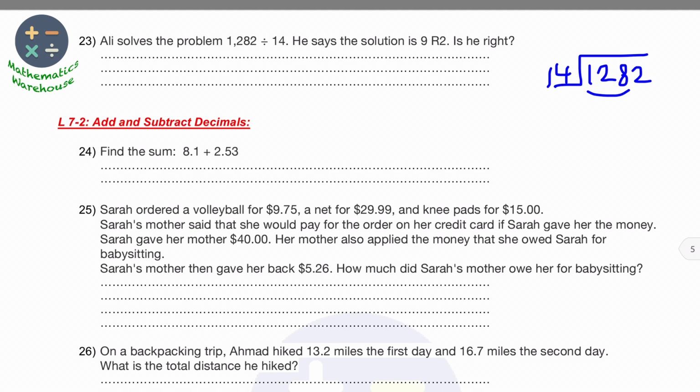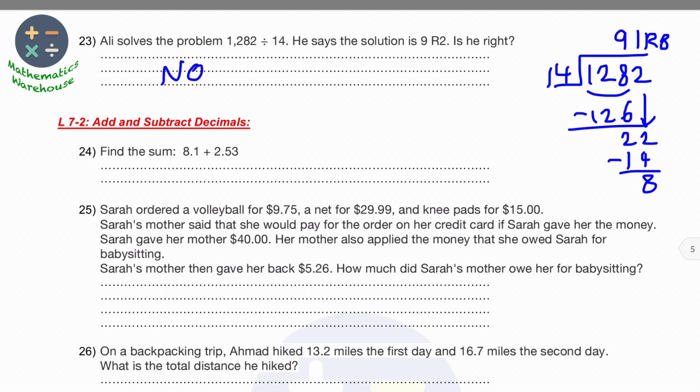It's about 9. 9 times 4 equals 36, write 6 and carry 3. 9 times 1 equals 9 plus 3 equals 12. Subtract, equals 2. Bring down 2. Now 22 divided by 14 equals 1. 1 times 14 is 14. Subtract, equals 8. So the answer is 91 remainder 8. So we can say no, his answer is wrong.